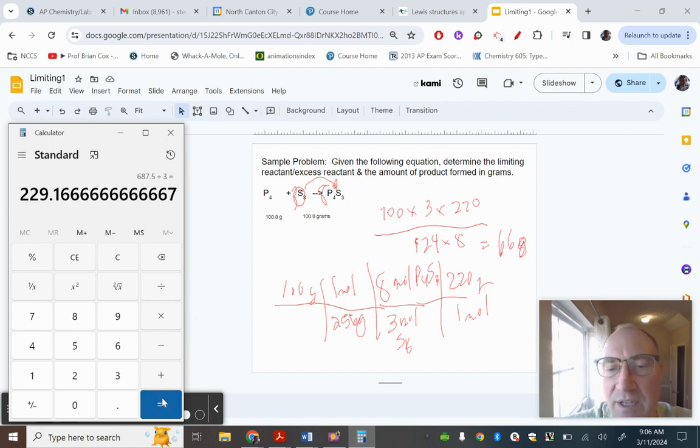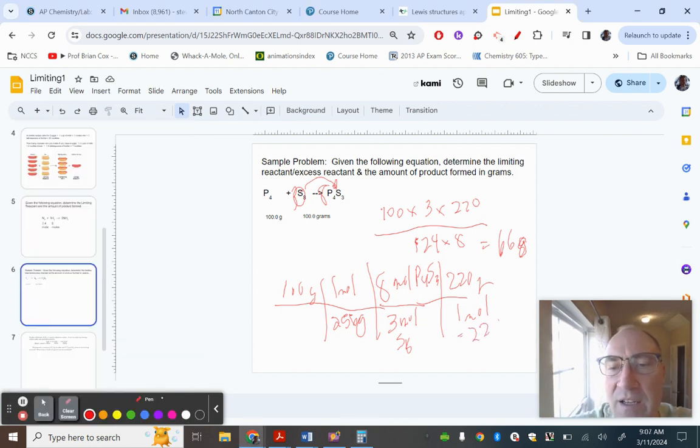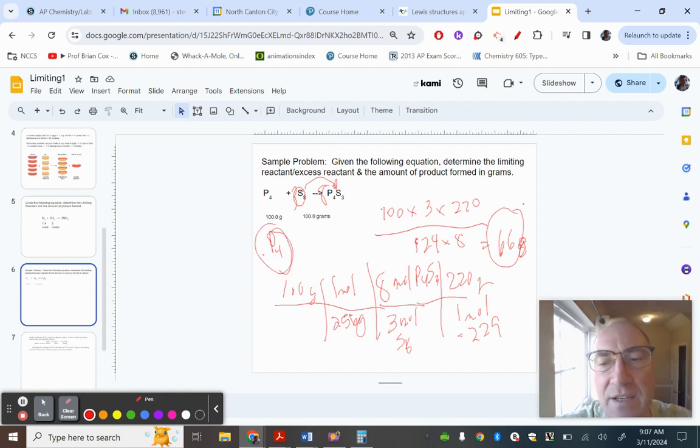Okay, so this one is like 229, and this one over here is 66. So my limiting factor is the one that I run out of first or make the least. So P4 is my limiting factor. And then the S is in excess. I can't make this much because I run out. Okay, so that is how you solve that problem.